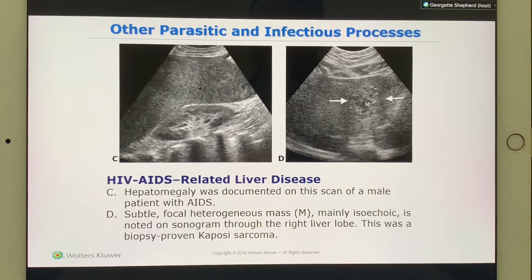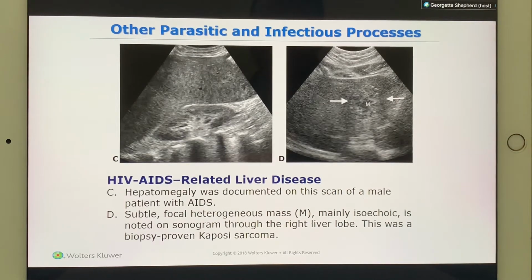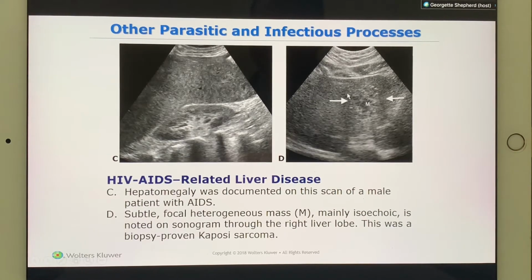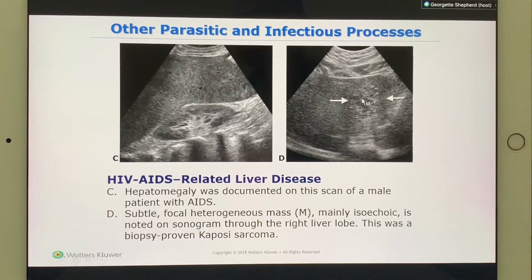So this patient has hepatomegaly, and you can see that we have this heterogeneous mass that upon biopsy, that's the only way that we can define that, ended up being a Kaposi sarcoma.